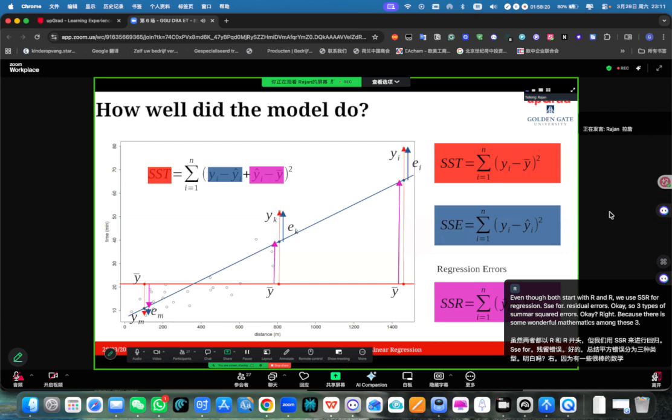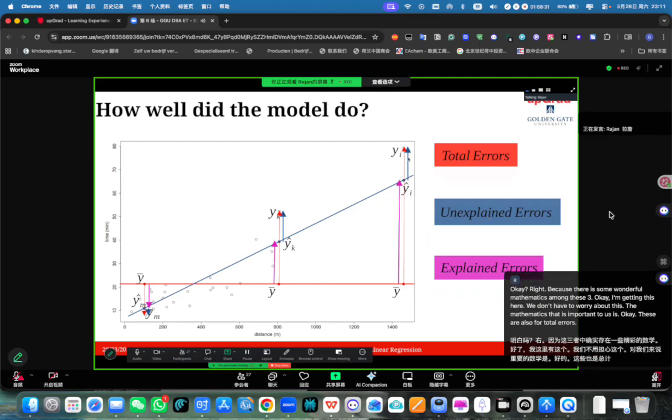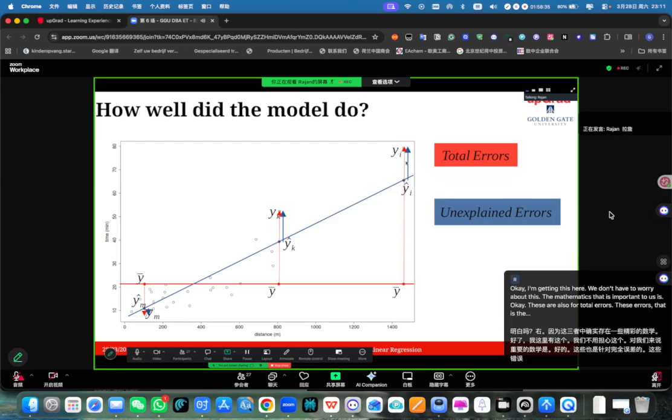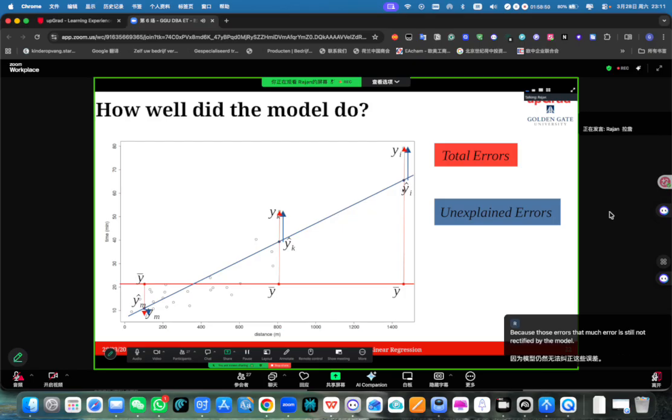I'm giving this here, you don't have to worry about this. The mathematics that is important to us is, these are also called total errors. The residual errors are also called unexplained errors, because that much error is still not rectified by the model.